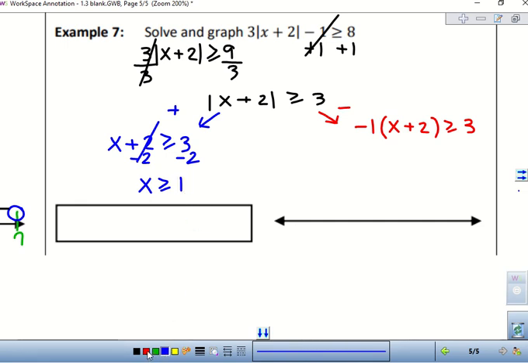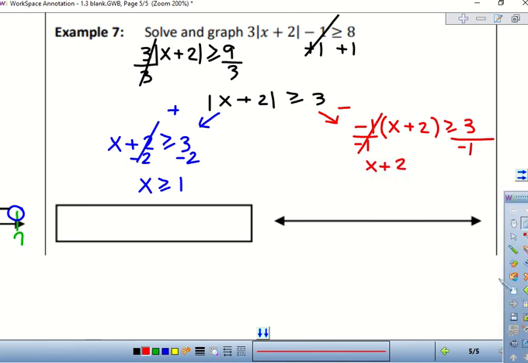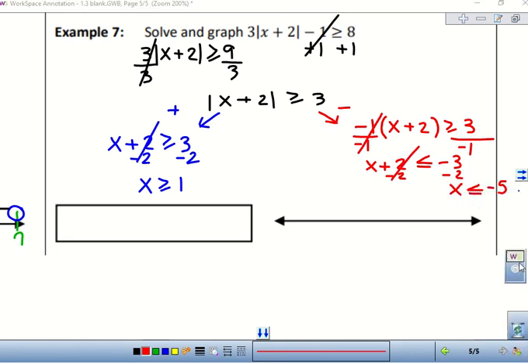And on the opposite side, I'm going to divide both sides by -1, giving me x plus 2 is, what's going to happen to the inequality sign? Flip and become -3. And if I subtract 2 on both sides, that gives me what? x equals -5. Yep, x is less than or equal to -5. So those are my two inequalities.